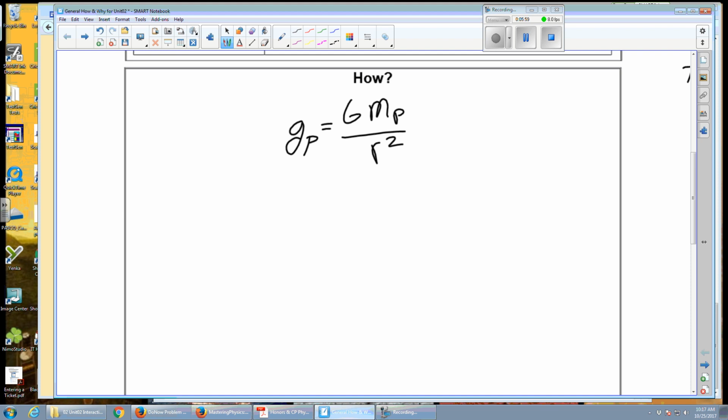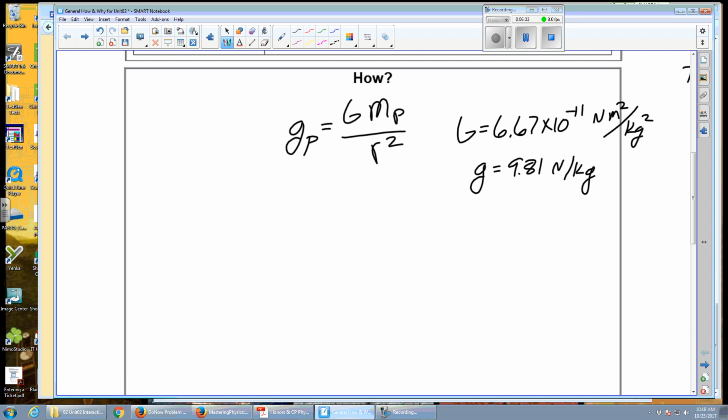And from the back of my sheet, I'm going to grab big G, the universal gravitational constant, 6.67 times 10 to the negative 11 newton meters squared per kilogram squared. Or I could memorize it, but I grabbed it from the back. And I should also grab that little g is 9.81 newtons per kilogram. So all the black numbers are just copied from my equation sheet.